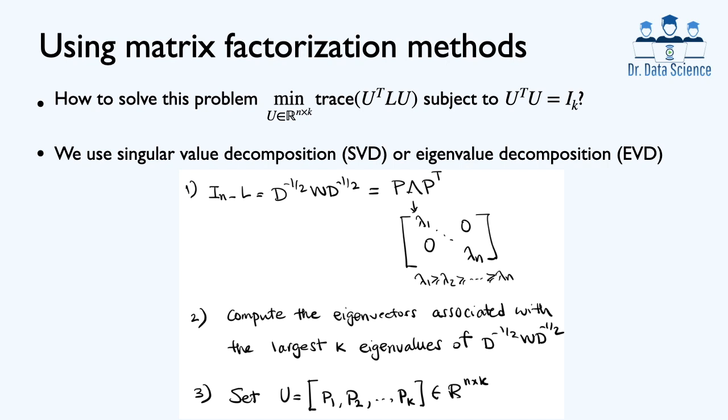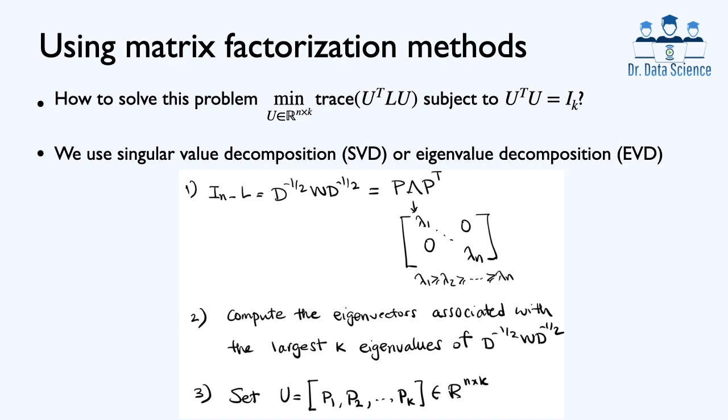And this D^(-1/2) W D^(-1/2) is now normalizing this similarity matrix. And now, because this is a symmetric matrix, we can use either singular value decomposition or eigenvalue decomposition. It is more common to use eigenvalue decomposition here.